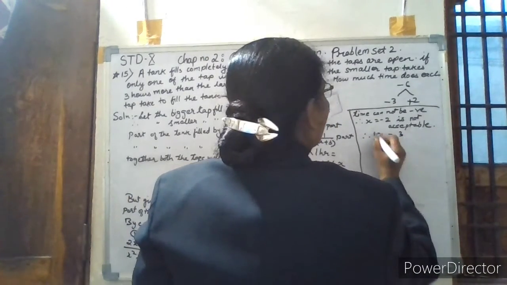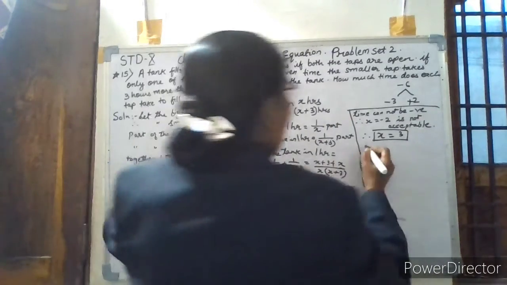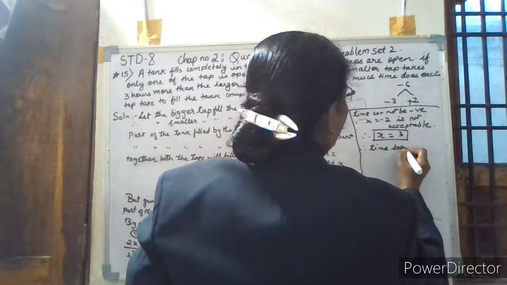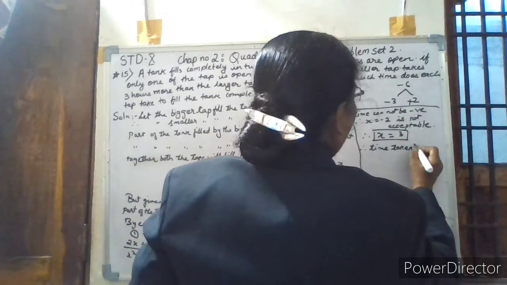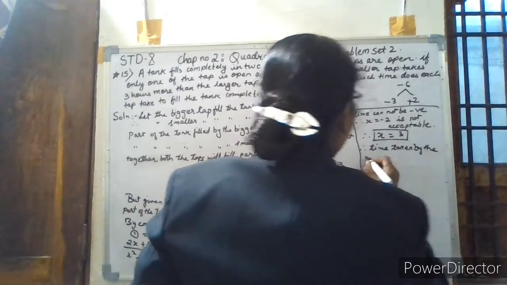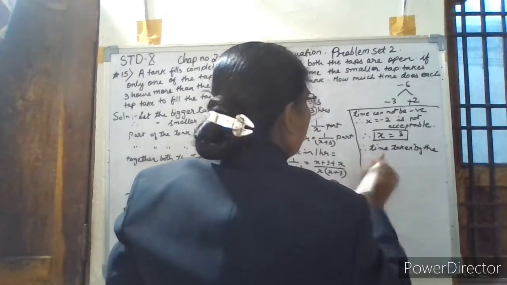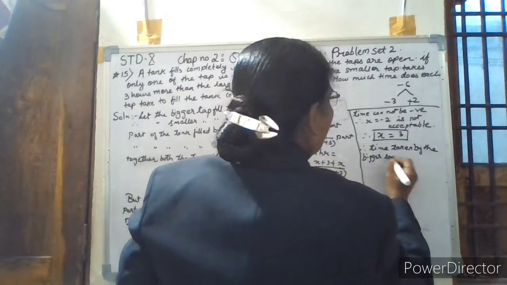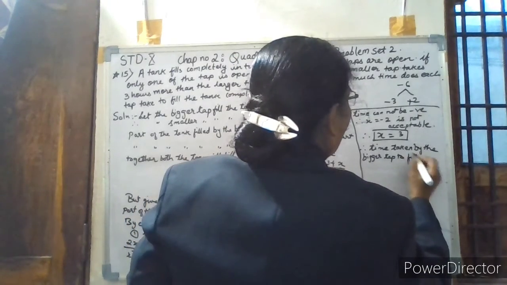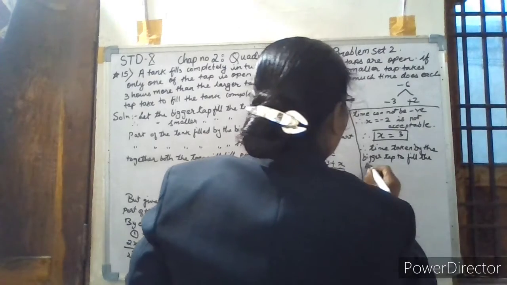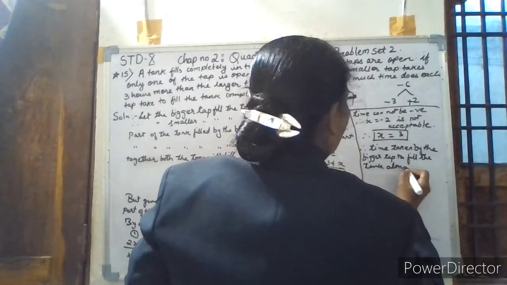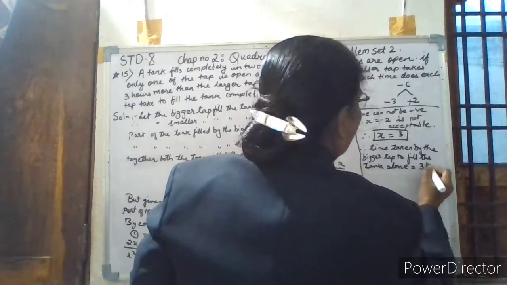So what is x? That is the bigger tap. Therefore, the time taken by the bigger tap to fill the tank alone is equal to 3 hours.